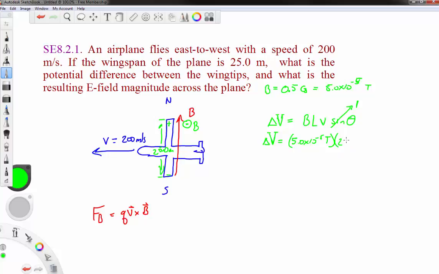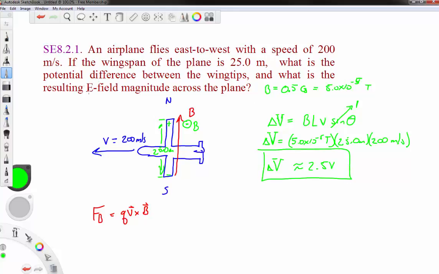So 25.0 meters here times the speed, 200 meters per second. And so the induced voltage between the two wings, therefore, is going to be about 2.5 volts. So 2.5 volts is induced across the two wings.